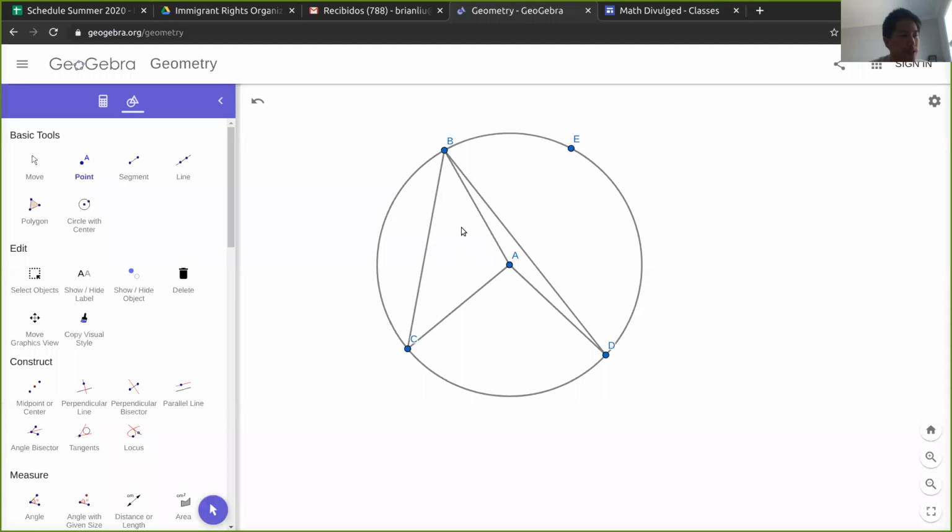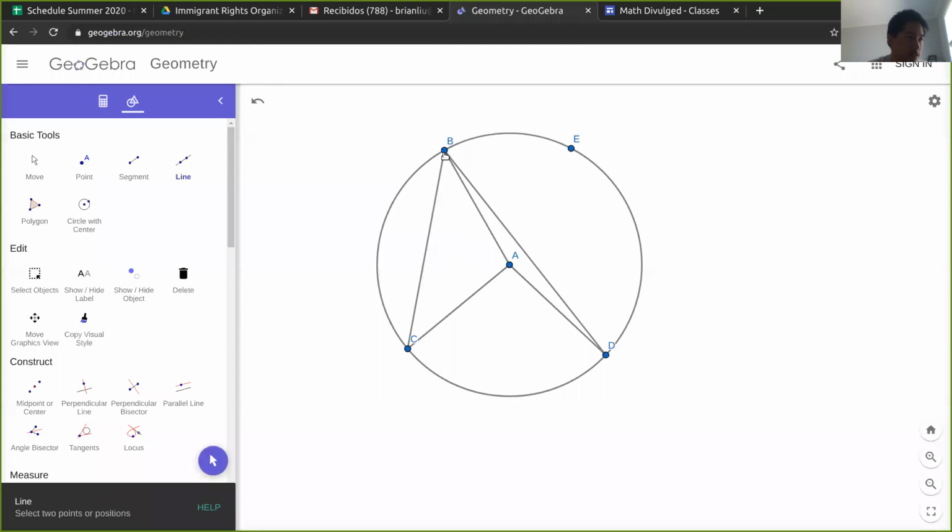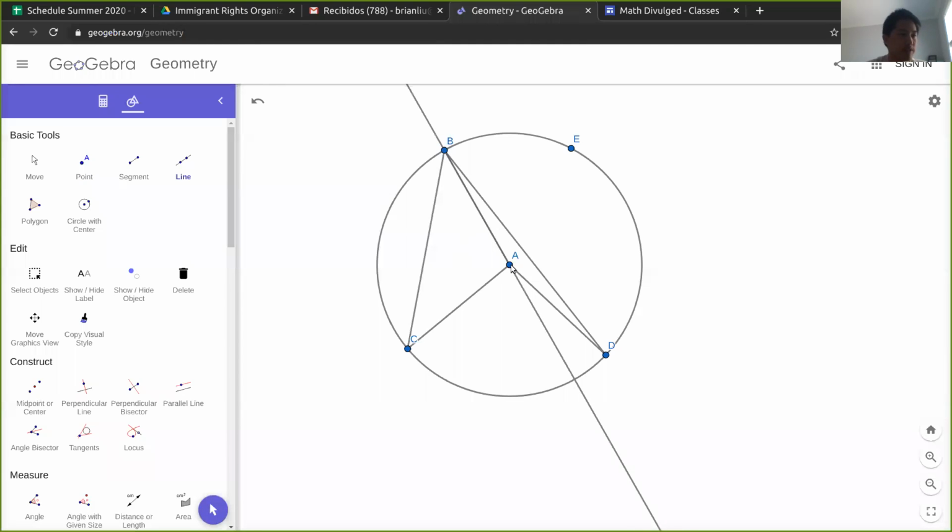So how do we relate it to this angle? Well, we can actually extend AB. So can anyone tell why I'm extending AB?